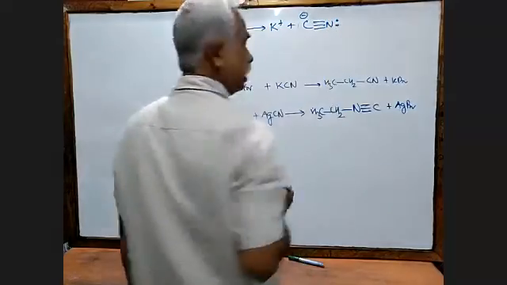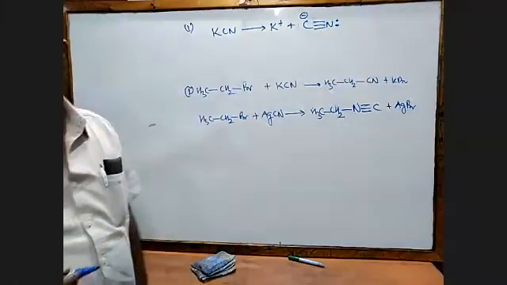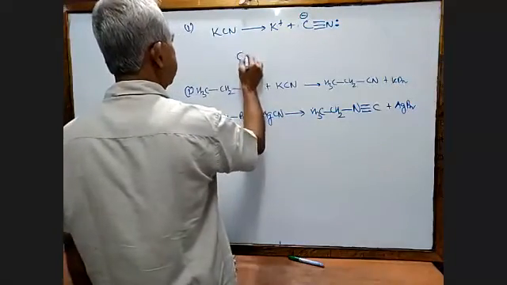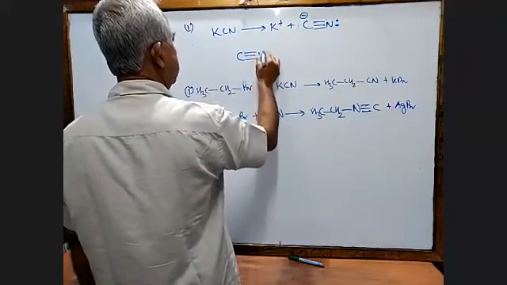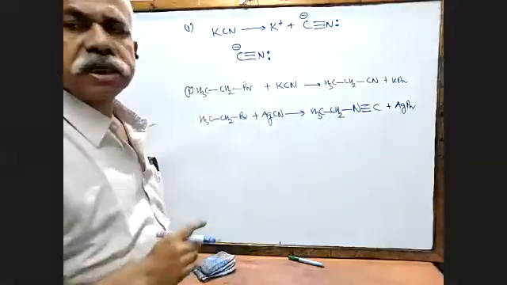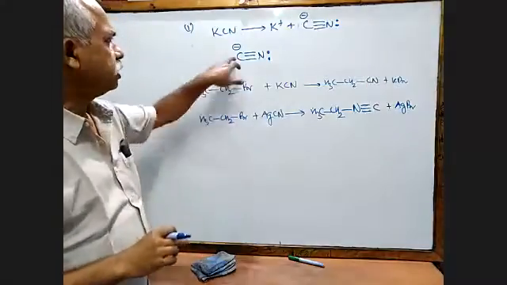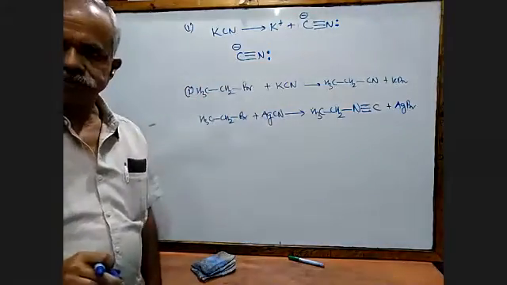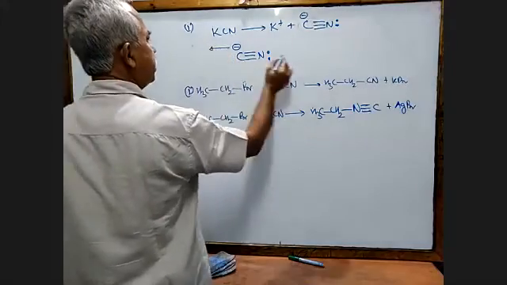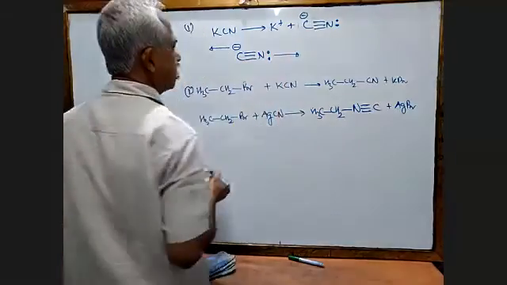See, cyanide is a very interesting nucleophile. In this ion, you have two electron-rich centers: one is the carbon and one is the nitrogen. So the carbon can attack, and the nitrogen can also attack.